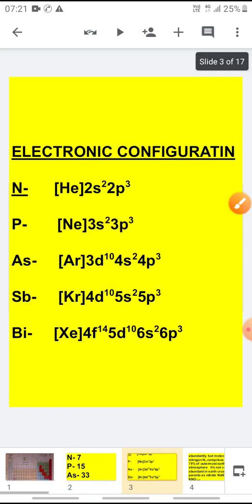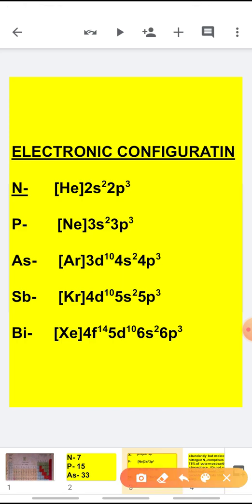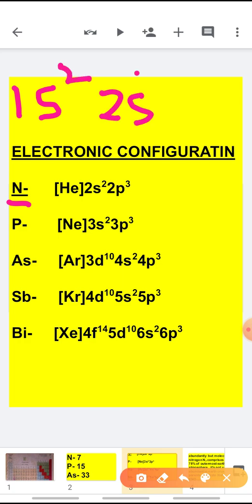Now, coming to the electronic configuration of these atoms. For nitrogen, the atomic number, as I told you, is 7. The electronic configuration will be 1s2, 2s2, 2p3, that is 3 plus 2, 5 plus 2, 7.